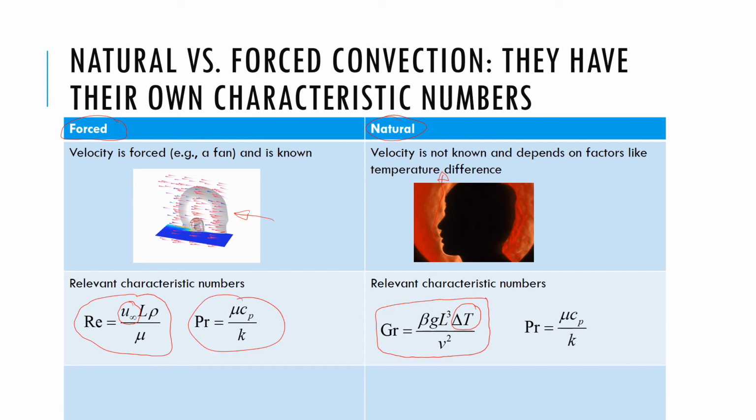Prandtl number is the same in both cases. So this is perhaps the two biggest classes of flow in case of heat transfer: natural convection and forced convection. We need to be careful as we are choosing the formula or trying to find the right H. Okay.